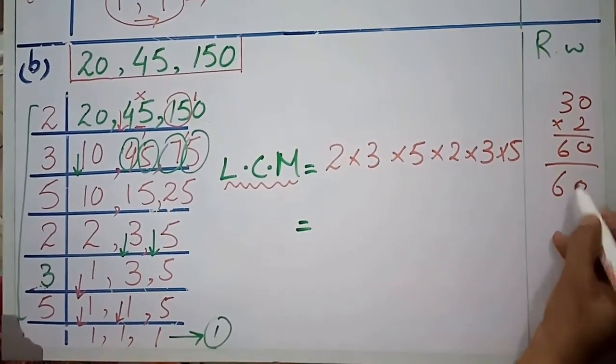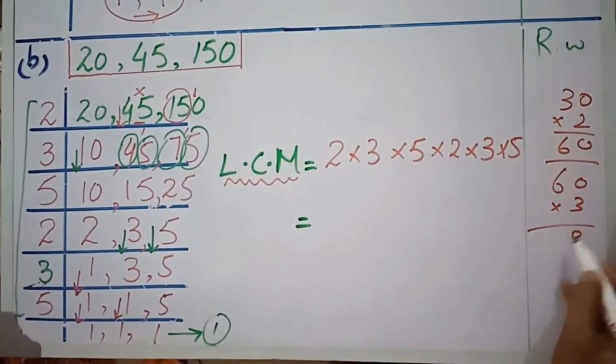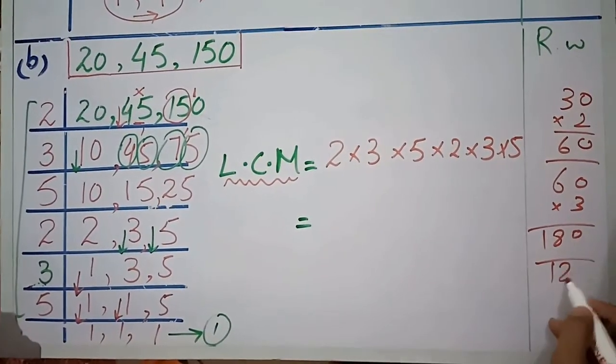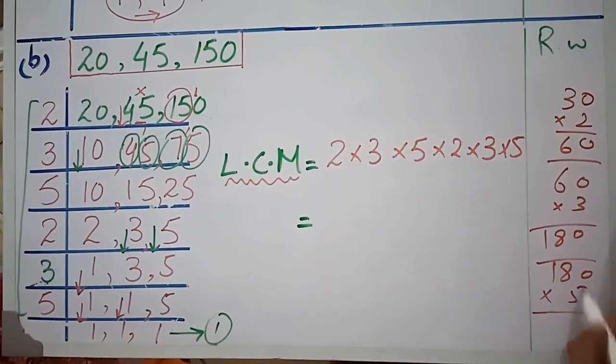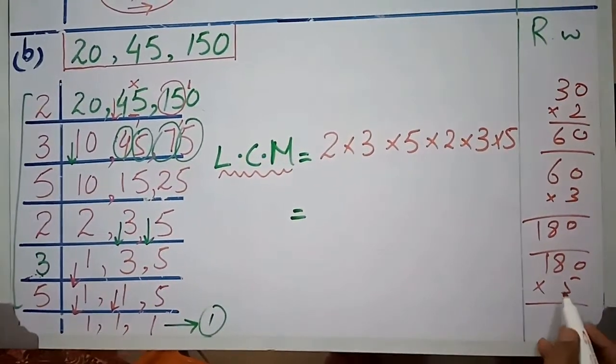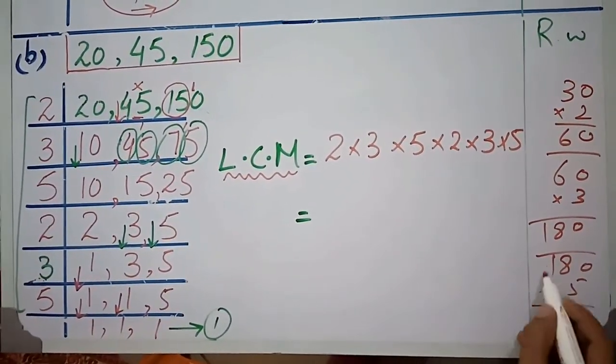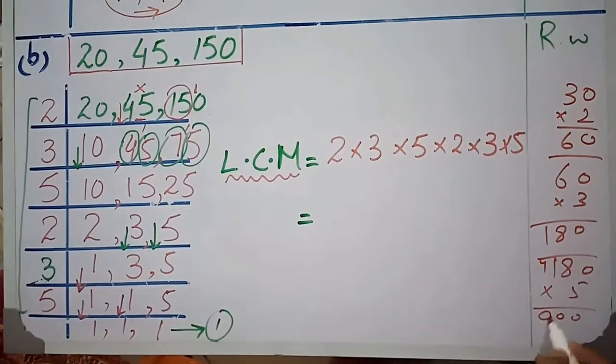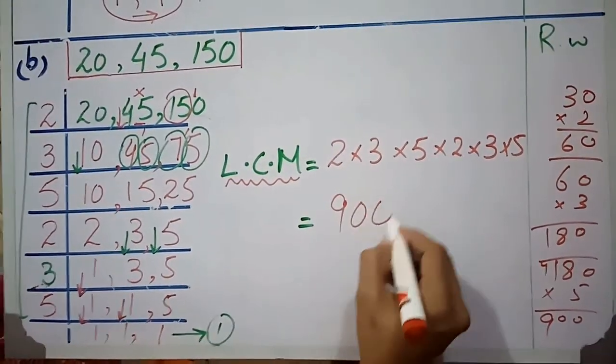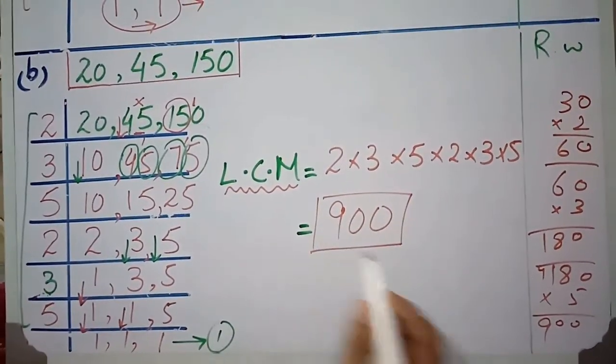Then 60 3s are 180, and 180 5s are 900. Now we have the LCM as 900.